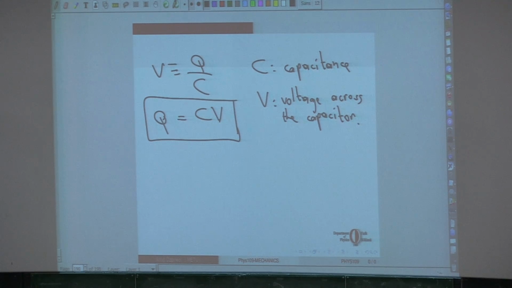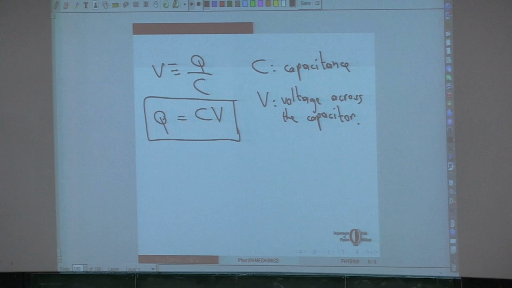Now, basically, a capacitor is anything that either separates the charges or stores some amount of charge. Anything that has these properties we call a capacitor.